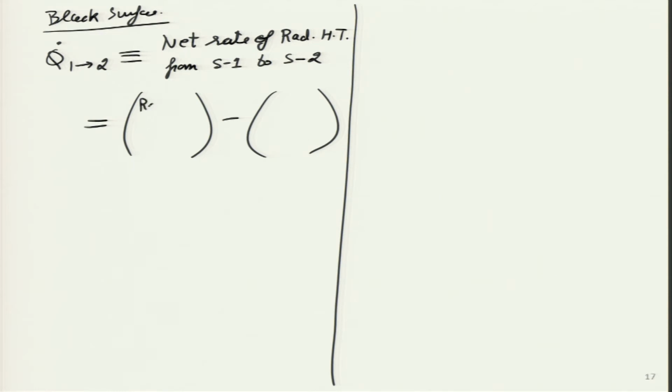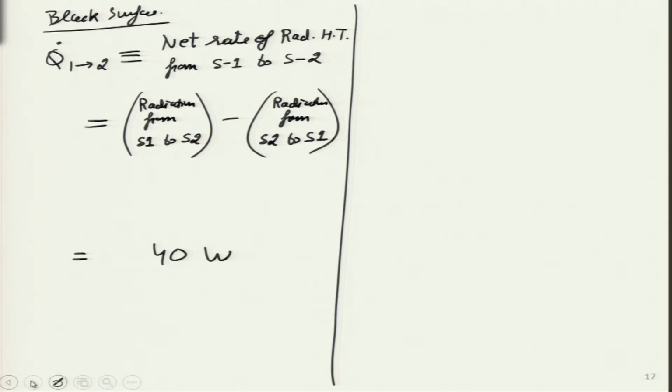It is radiation which is going from surface 1 to surface 2 minus the radiation coming from surface 2 to surface 1. So if the final answer is 40 watts, like we have given on the previous slide, I will put a plus sign over here.